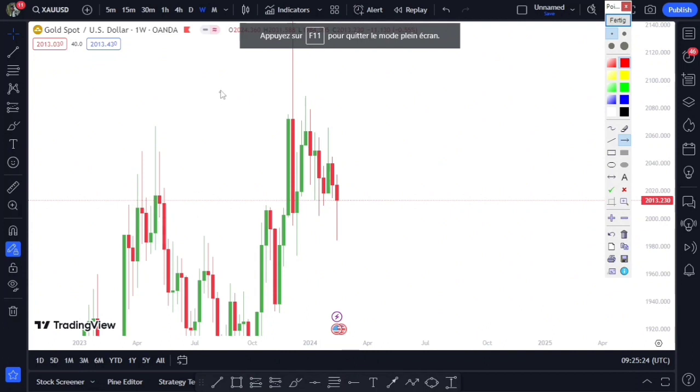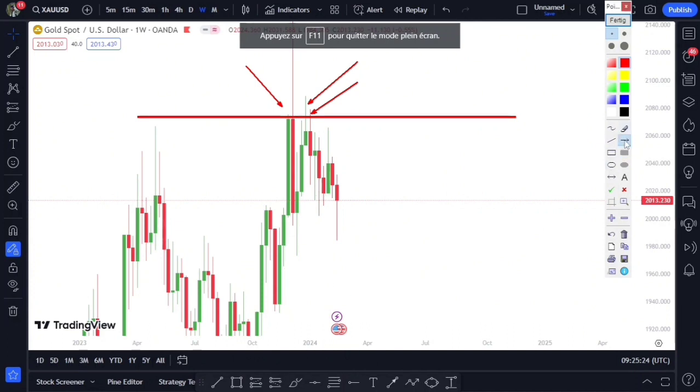So we have to identify where our support and resistance are at. I explained that in the previous videos, you can check them on the channel. But when I'm looking at the chart, I can see clearly that the price rejects this area here many times, as you could see many times. So I can clearly draw a resistance zone right here.